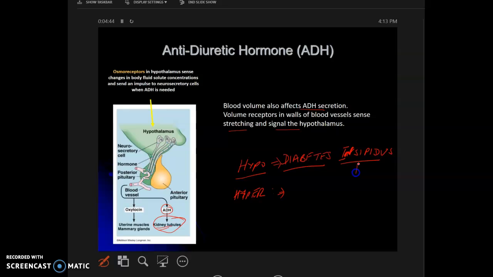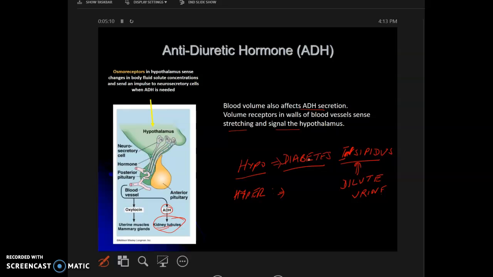It is very dilute urine. The water is not being retained, and therefore you will have a large amount of dilute urine. Unfortunately, it got the name diabetes, so you're thinking sugar. No, it has nothing to do with insulin, nothing to do with sugar issues, elevated blood sugar. No.